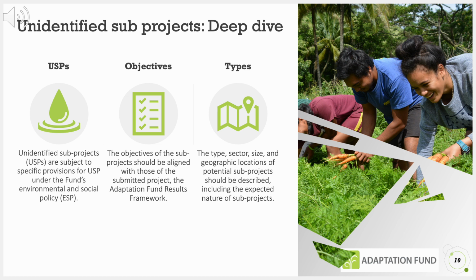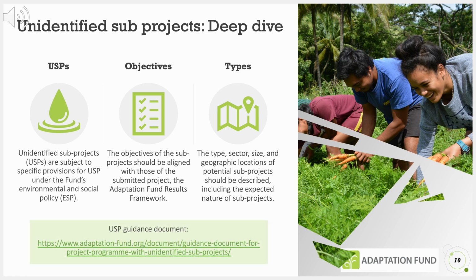The use of location identification and criteria can be useful to show how USPs will be selected and developed in accordance with the objectives. Further guidance on USPs can be downloaded from the Adaptation Fund website under Project Documents. This guidance should be used as a tool to comply with the requirements for USPs.